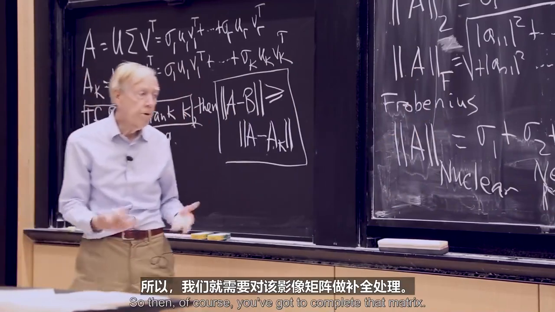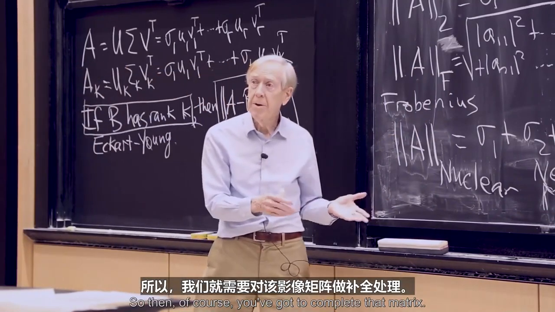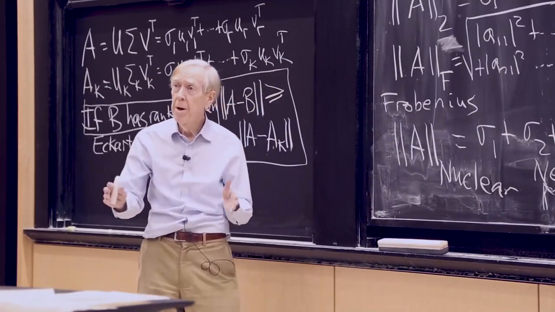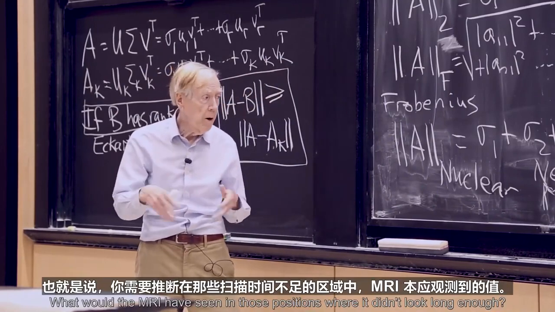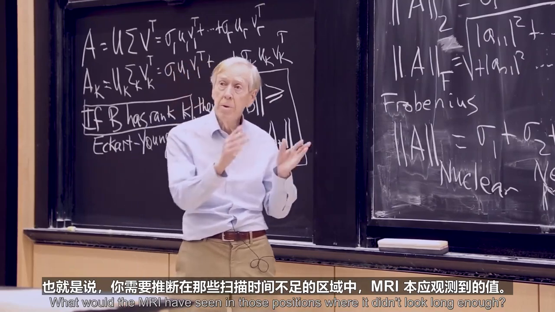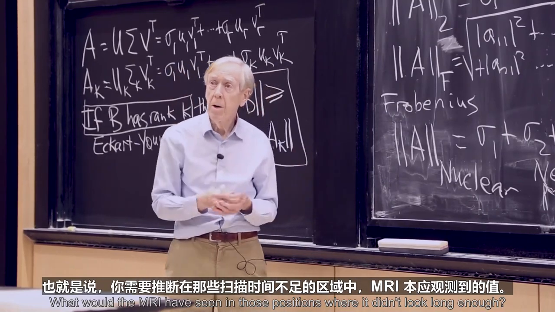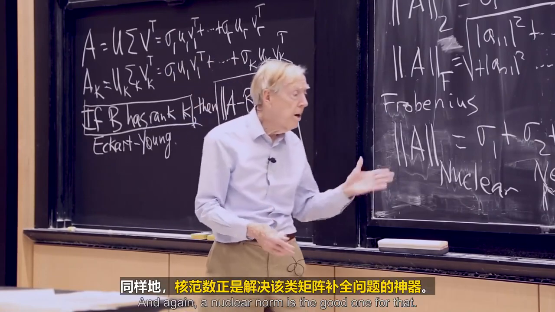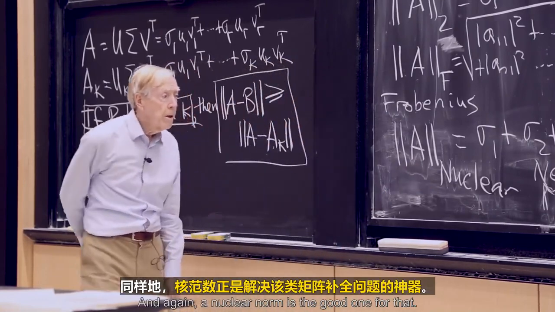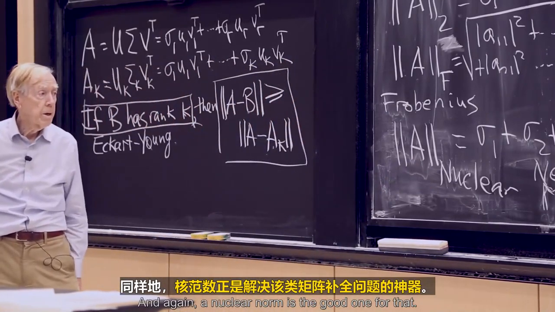So then, of course, you've got to complete that matrix. You have to fill in what the MRI would have seen in those positions where it didn't look long enough. And again, the nuclear norm is the good one for that.